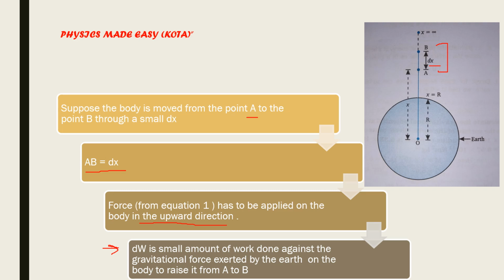So this work done dW is called the small amount of work done, and it has to be done against the gravitational force so that the body just escapes from the attractive force of the earth. So this work is done against the gravitational force by the earth on the body to raise it from point A to point B.